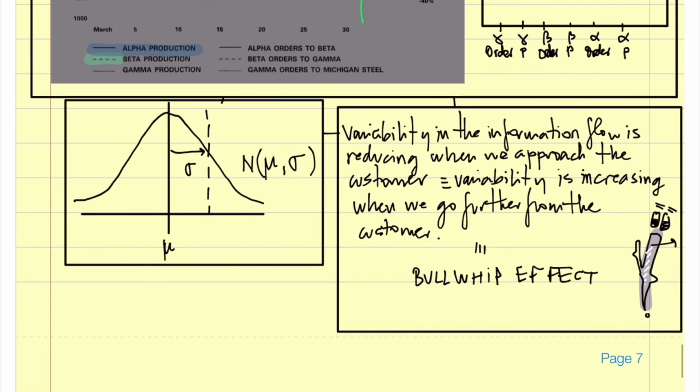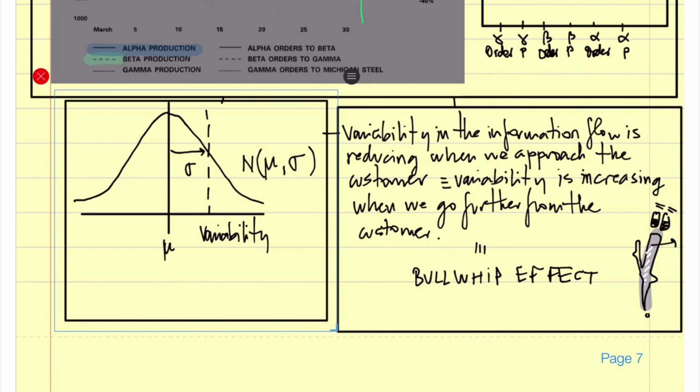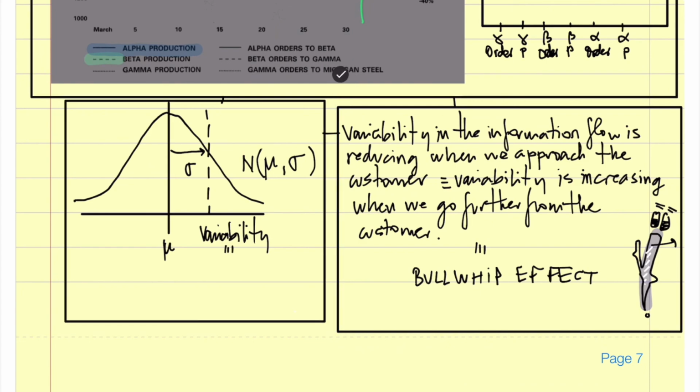Variability equals standard deviation, which means this.